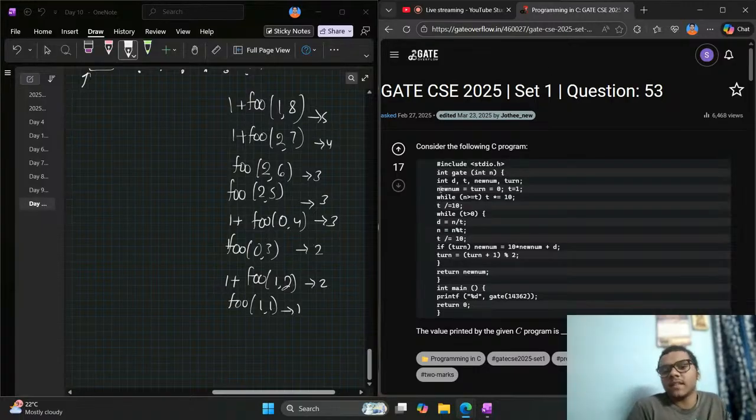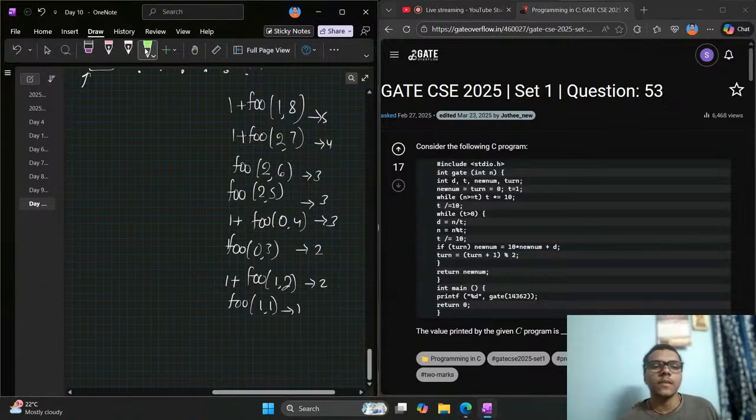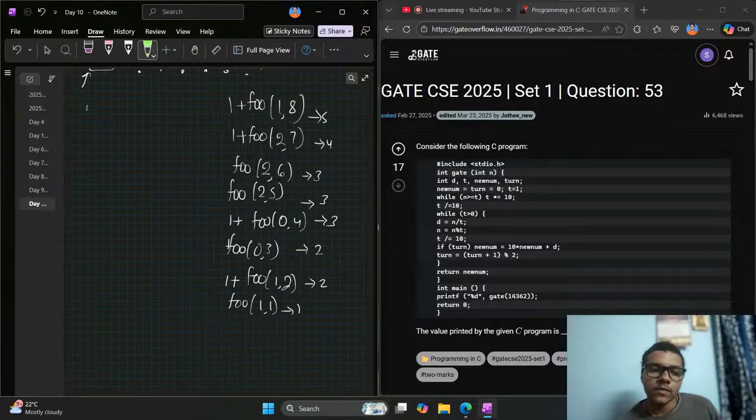So gate, we kind of did this one as well, but revising does not hurt. dt new number turn, new num is equals to turn is equals to 0.